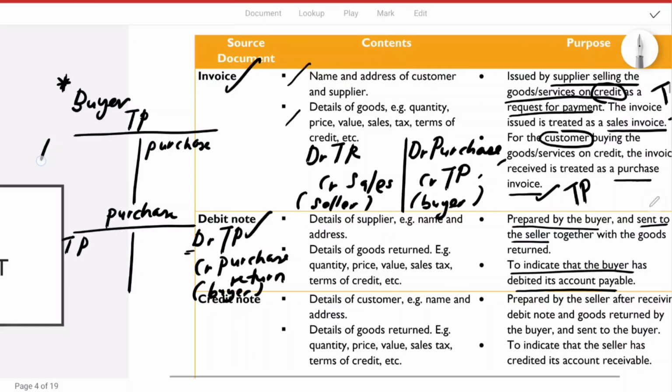On the debit side of the trade payable account, you debit with purchase return, meaning you need to open another account called purchase return. You credit purchase return here.